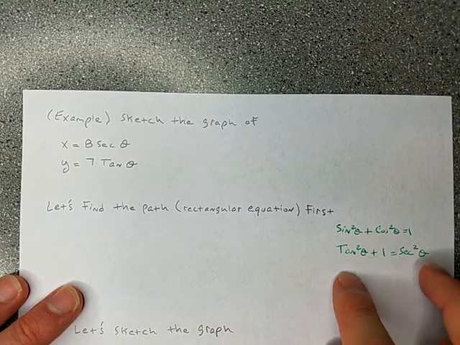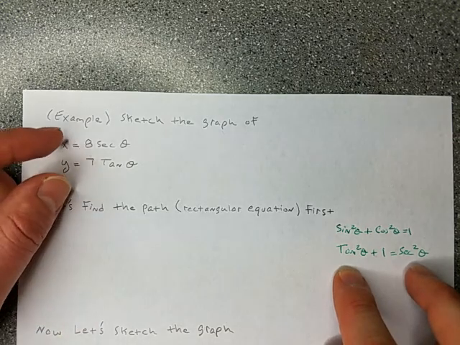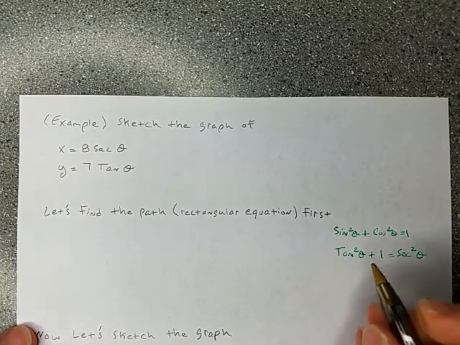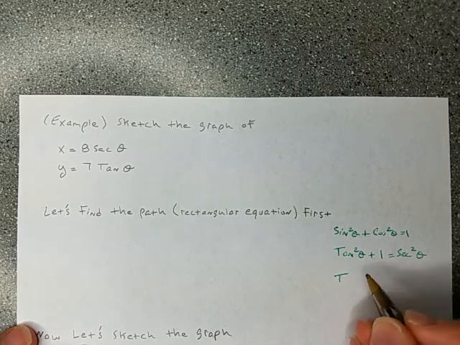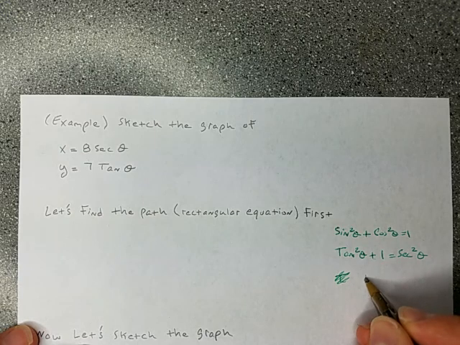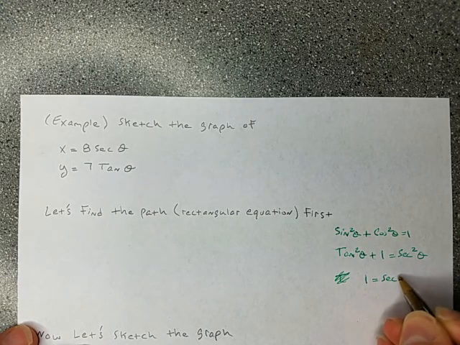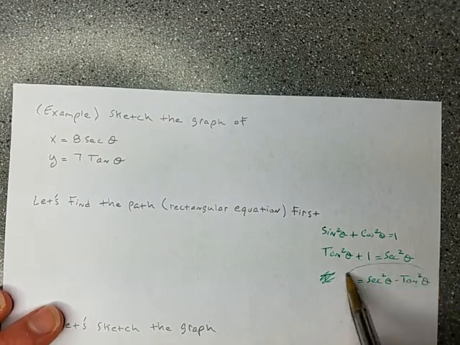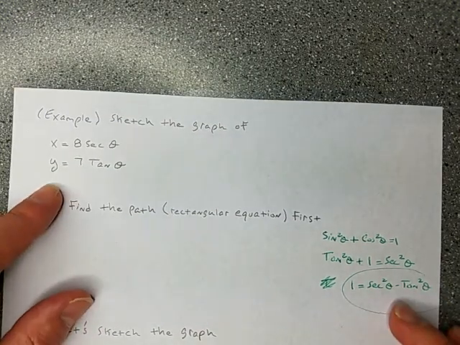It's not quite in the form that I need it to be for this one, though. So I'll move the tangent over, and I'll get 1 is equal to secant squared theta minus tangent squared theta. Okay, so here's the identity I think we can use for this one.